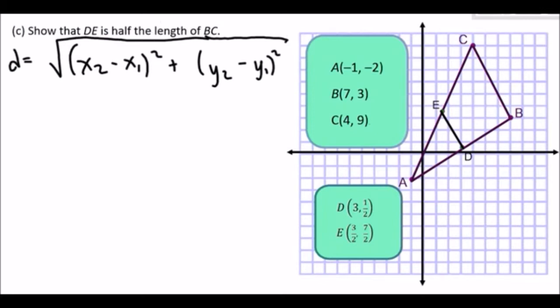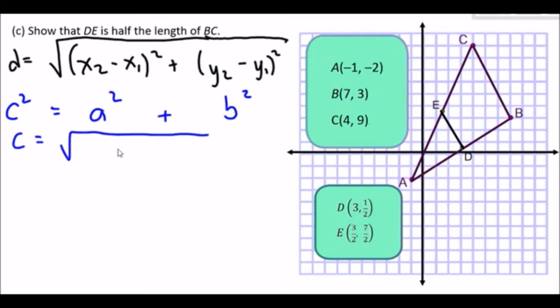Effectively, the distance formula is the Pythagorean theorem. Basically, the Pythagorean theorem is a squared plus b squared equals c squared, but we write it as c equals the square root of a squared plus b squared.